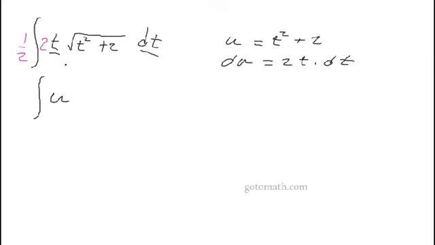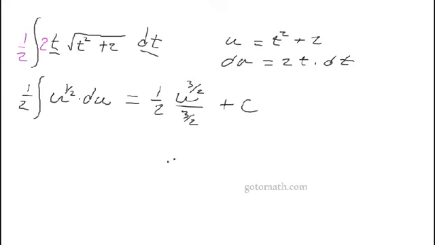And instead of writing the radical here, I'm going to go ahead and just raise it to the half power. Don't forget this half out front. Now we can go ahead and take the integral. So we have a half, and this becomes u, adding 1 to the exponent. So that becomes a 3/2, putting the 3/2 down below, and then plus c.